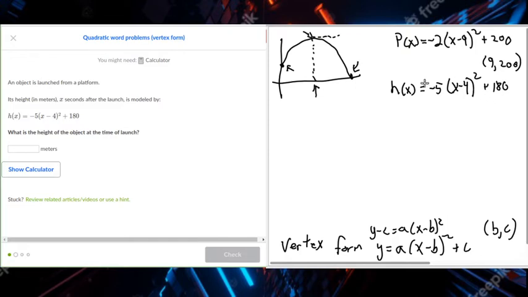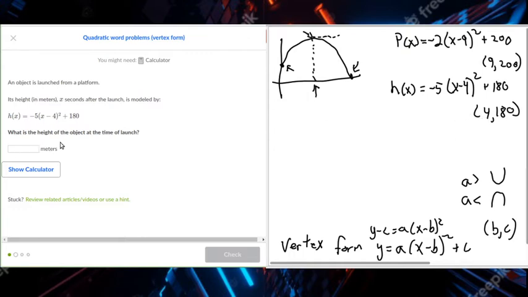Now we know that first of all, it opens down like this, because if a is greater than 0, then it's going to open up, and if a is less than 0, then it's going to open down. And our vertex is at (4, 180). 180 means the height, and 4 means seconds.